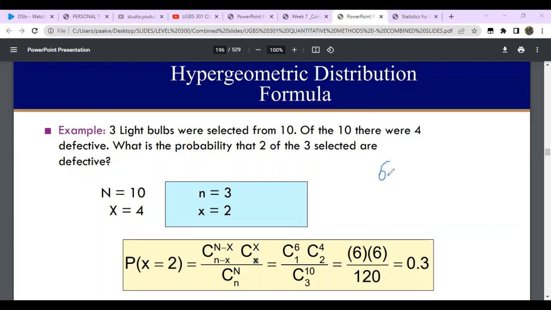So to be 6 combination on the calculator, then 1. You get it? Multiplied by the 4 superscript 1, 4 combination 2, all over the superscript 1, 10 combination, then subscript, that will be 3.